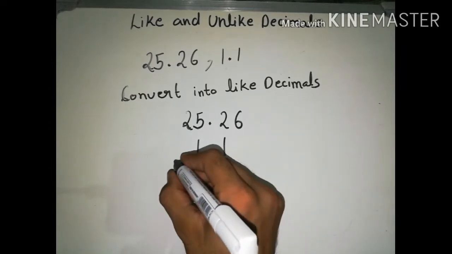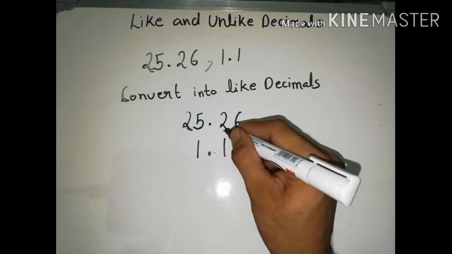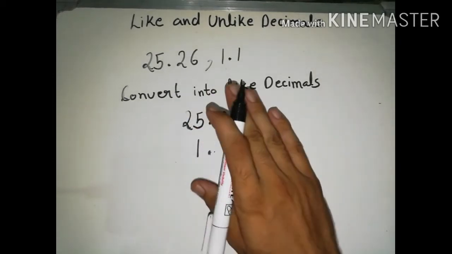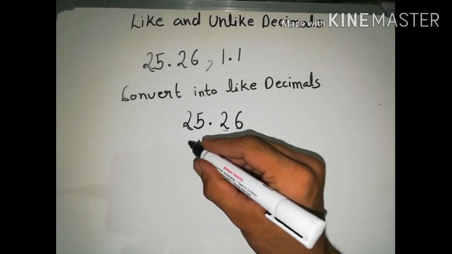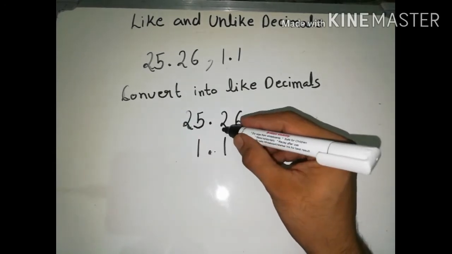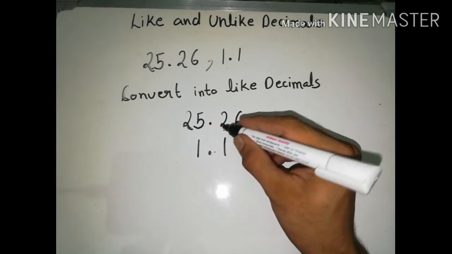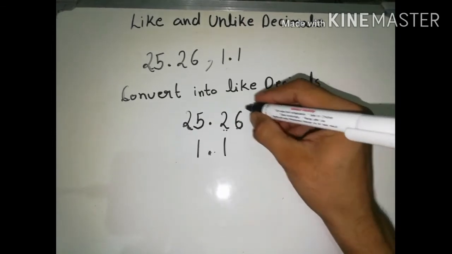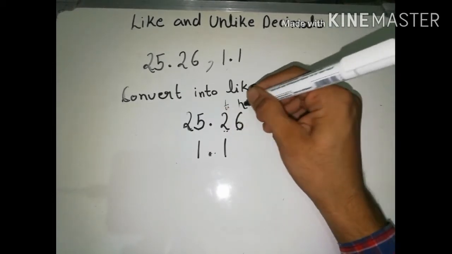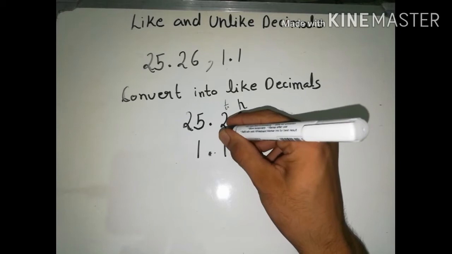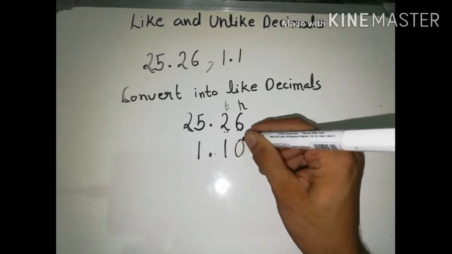Now to make them like, we know there should be an equal number of places after the decimal. No need to worry about the whole part. Whole number part के बारे में आपने नहीं सोचना. आपने सिर्फ देखना है कि there are an equal number of decimal places after the decimal. So in the first number there are tenths and hundredths, but there is only tenths. To make the hundredths place, we can use 0.